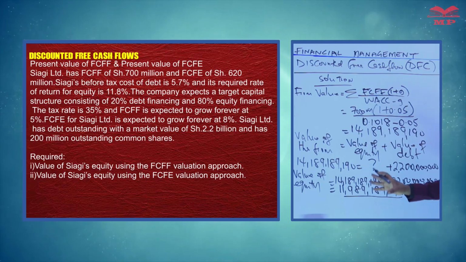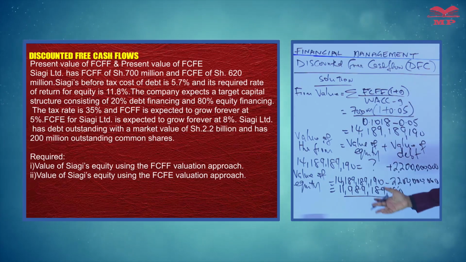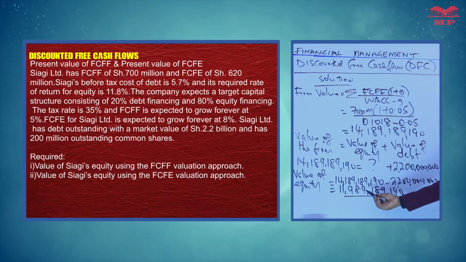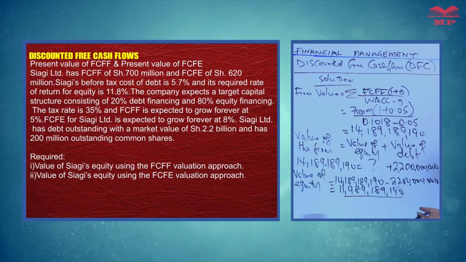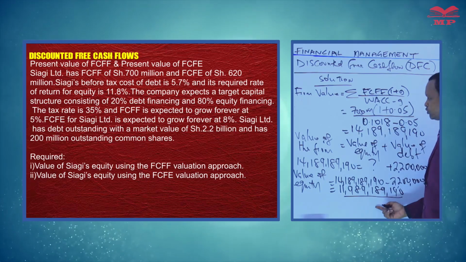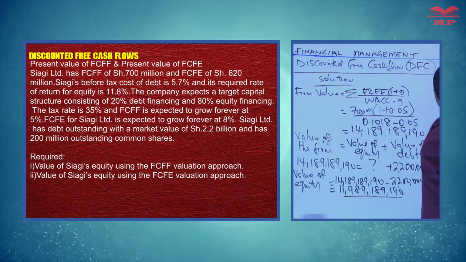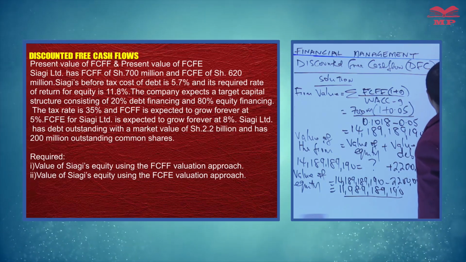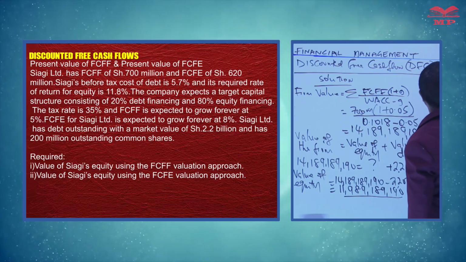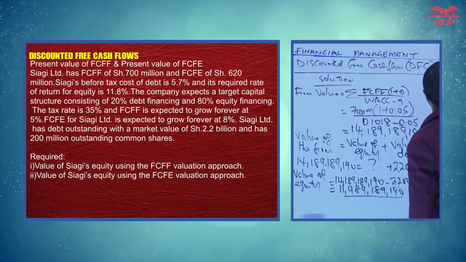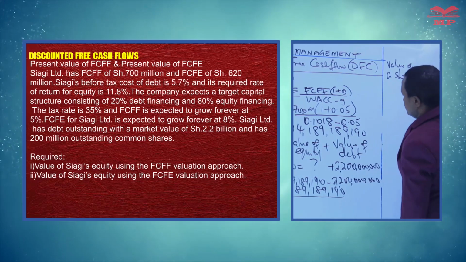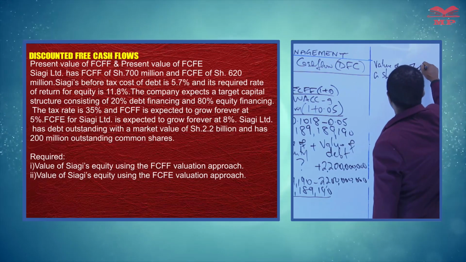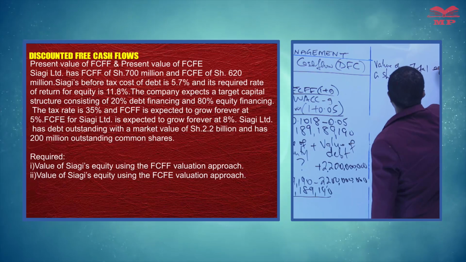But candidates, we are learning how to calculate the value of a share. If this is the value of total equity, then what will be the value of one share? This is the total. Therefore, value of a share, one share, will be equal to total equity.